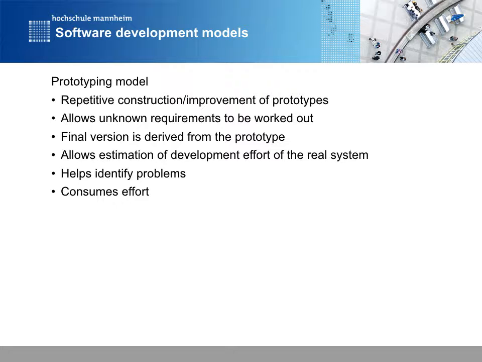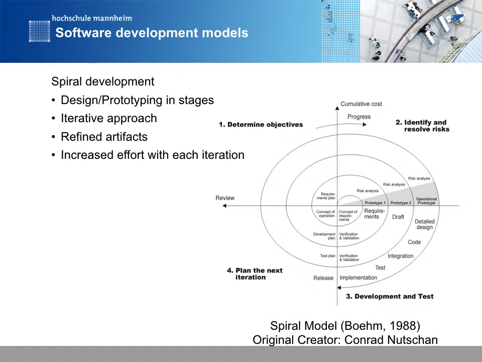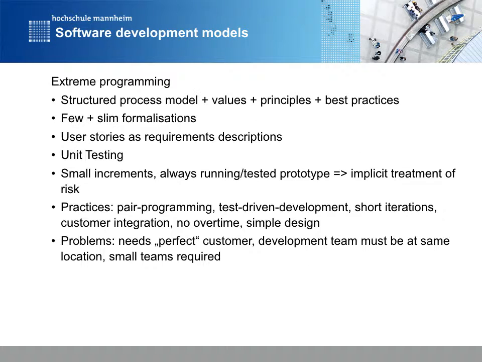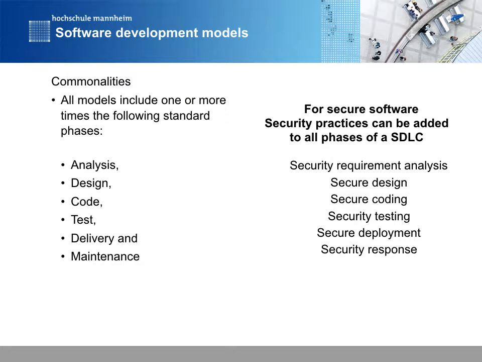You could have prototyping models, or rapid application development, or a spiral model, or extreme programming, or a very structured model. For each of those, you don't need to read all the slides. For each of those, you have these standard phases: requirement analysis, design, coding, testing, delivery, and maintenance.